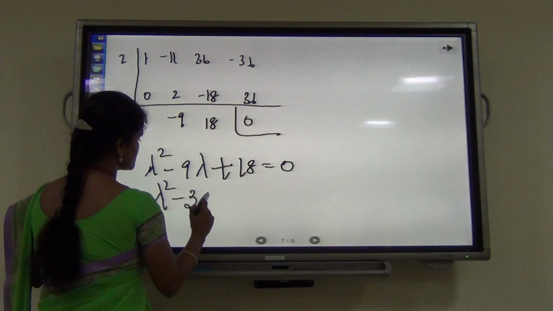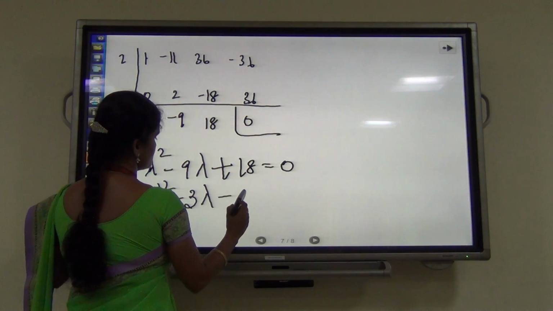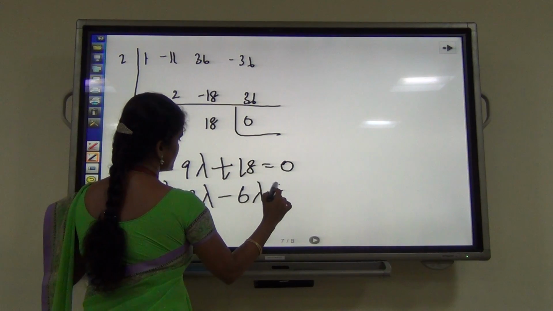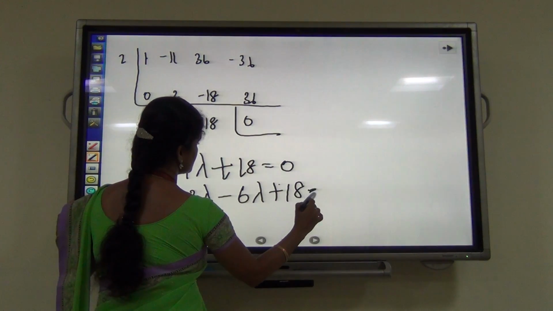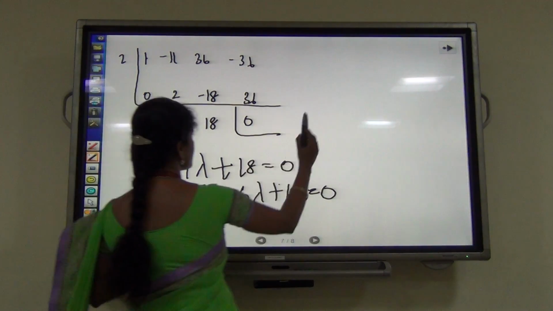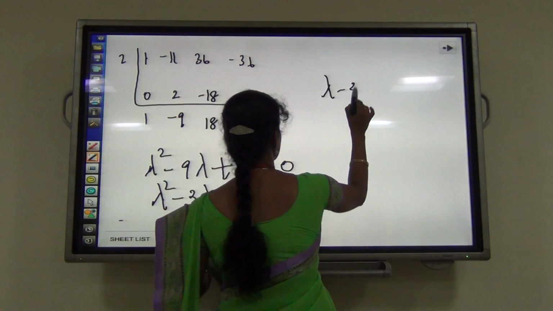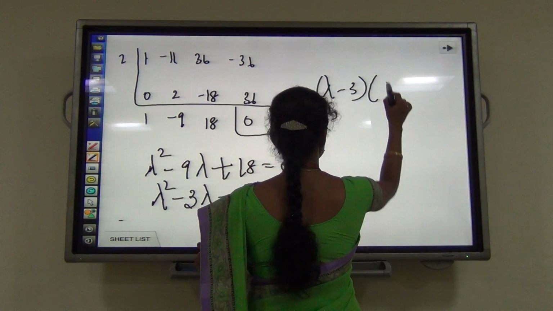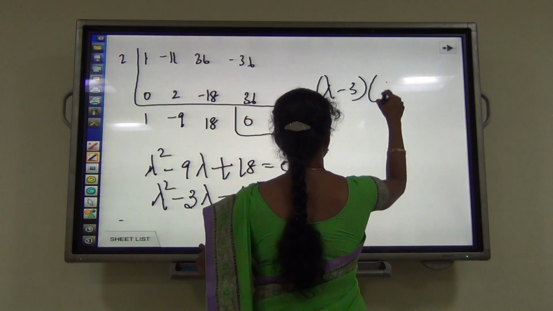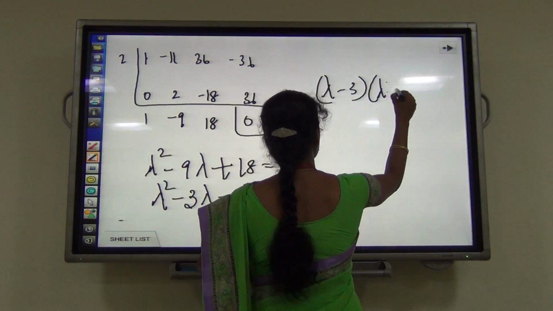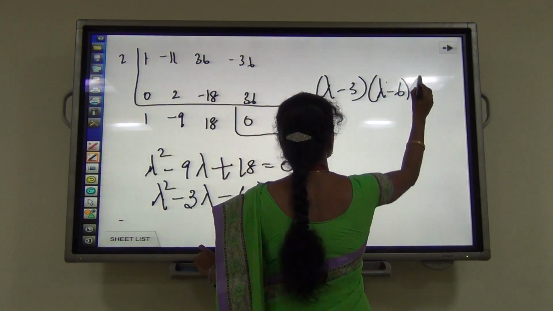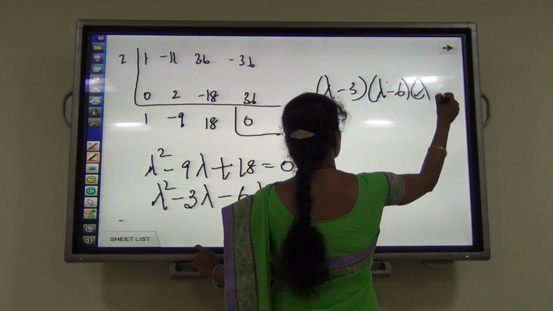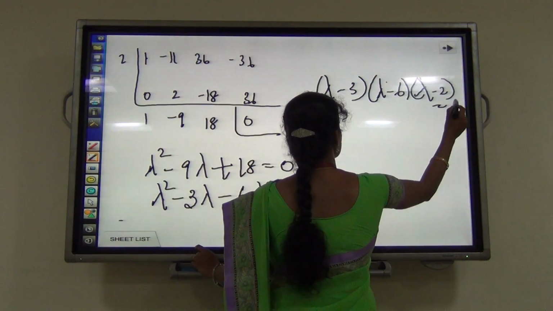Lambda square minus 3 lambda minus 6 lambda plus 18 is equal to 0. So lambda minus 3 is one root, the other root is lambda minus 6. So lambda minus 3 into lambda minus 6 equal to 0.